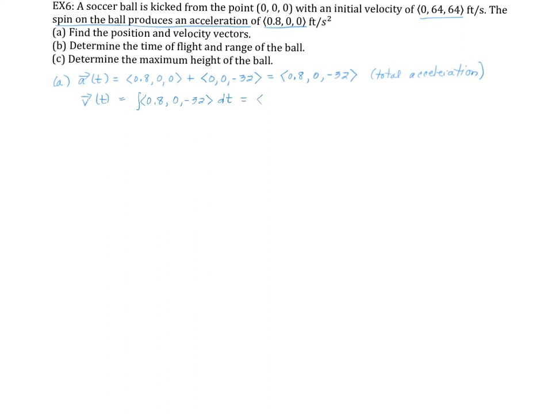That's going to be the vector 0.8t, 0, and negative 32t, plus my constant vector. Well, when t is equal to 0, the initial velocity is going to be the vector up above here in the problem.